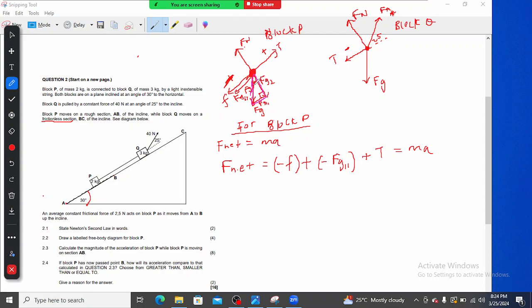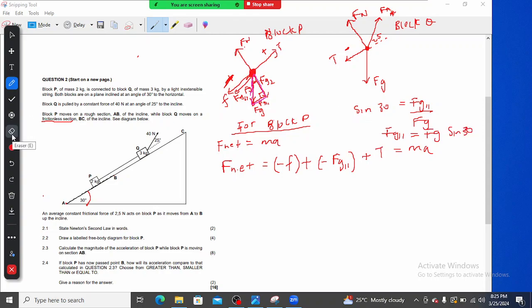So I can use sine theta, because sine theta is opposite over hypotenuse. So sine theta is equal to Fg parallel over Fg, and if I cross multiply, I would have Fg parallel being equal to Fg sine theta.